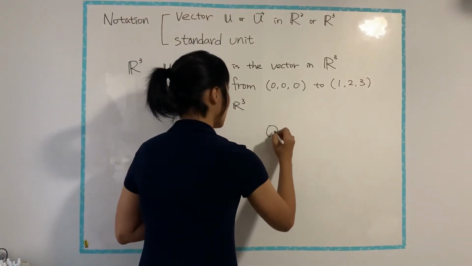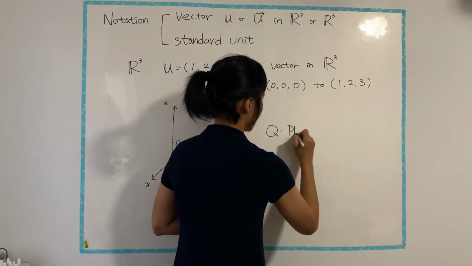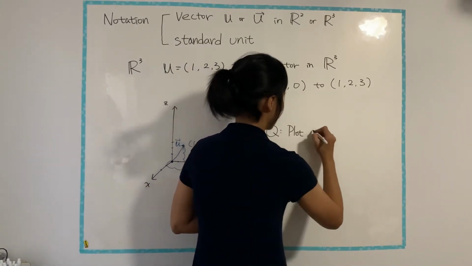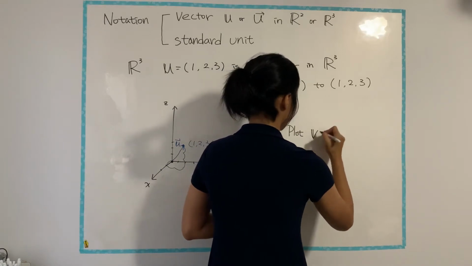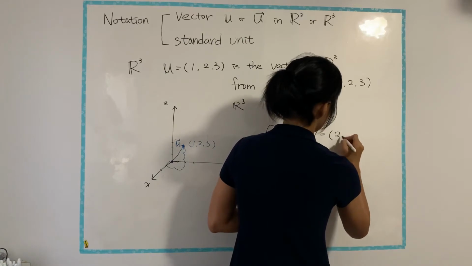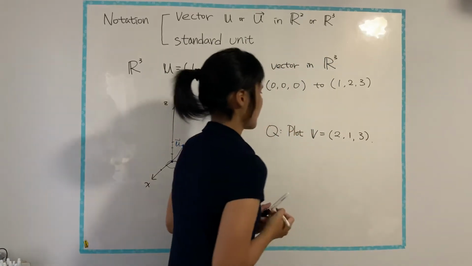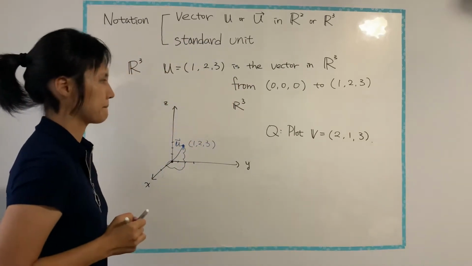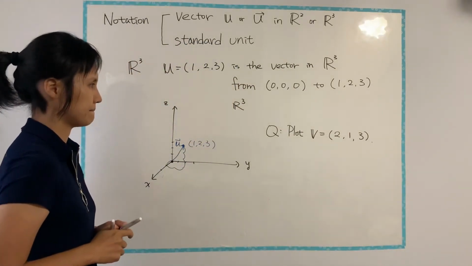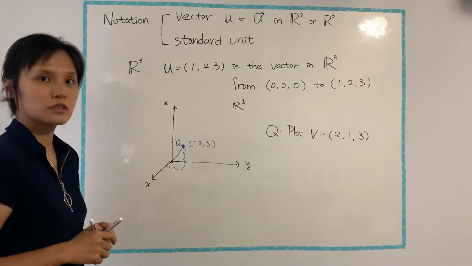Again, question for you. Plot vector v equal (2, 1, 3). So what's your answer?